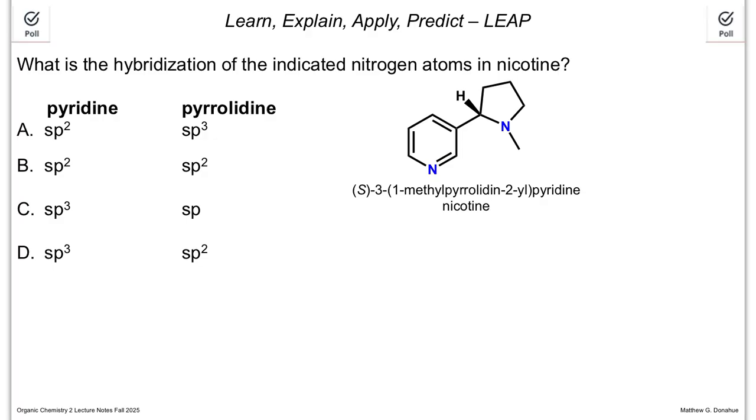So what is the hybridization? That molecule by itself is called pyridine. So it's like a benzene where one of the CH groups has been substituted for nitrogen. The 5-membered ring, that was called pyrrolidine.